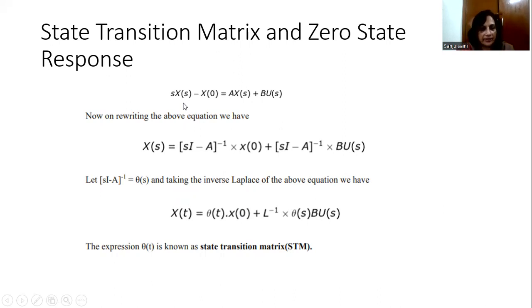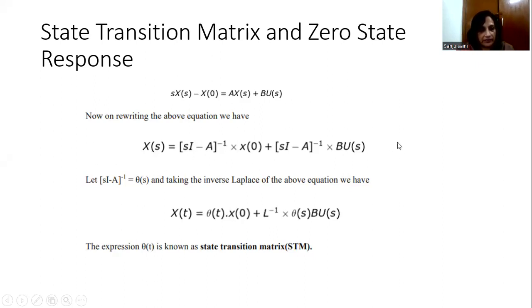Then we keep X(s) on one side, and we get X(s) from this equation. Laplace inverse of (sI minus A) inverse is equal to the state transition matrix.